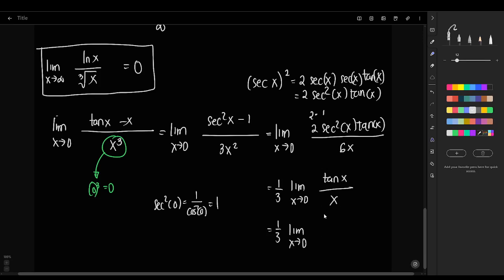So this would be secant squared x all over 1, or just secant squared alone. And secant squared at the limit, as we perform, this is a 1. So this is just equivalent to 1/3. So that is the value.